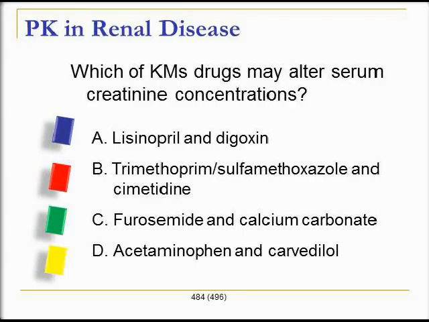Which of KM's drugs may alter serum creatinine concentrations? Lisinopril and digoxin, trimethoprim sulfa and cimetidine, furosemide and calcium, or acetaminophen and carvedilol? All right, we have some brave souls with correct answers.